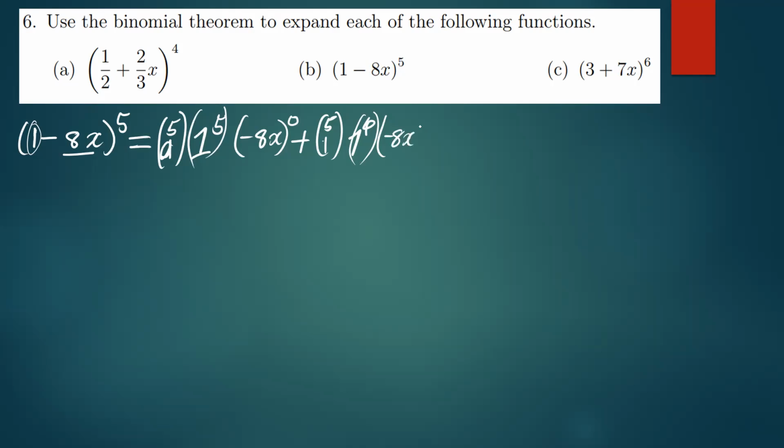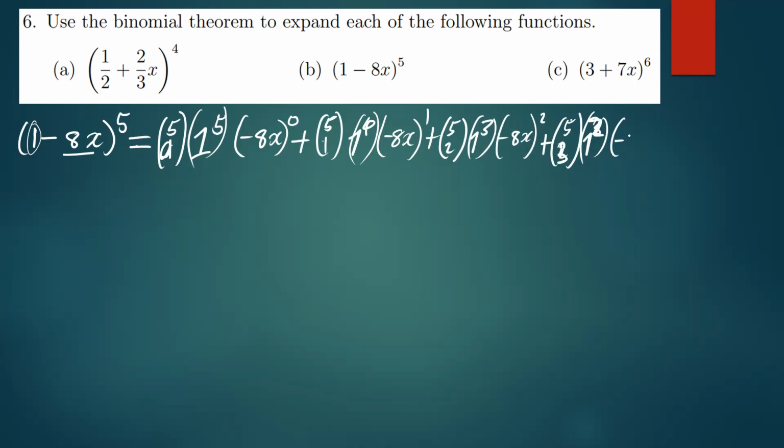negative 8x to the power 1. And then we have 5 choose 2, 1 to the power 3. Then we have negative 8x to the power 2. Then we have, oh sorry, this is 5 choose 3, so that we have 1 to the power 2 then.